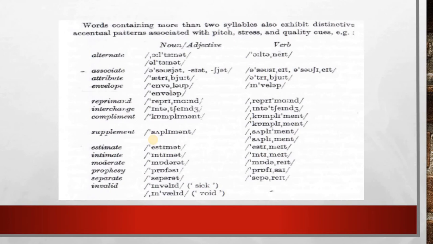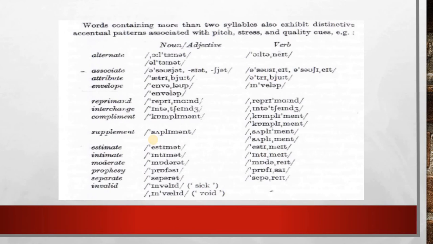Examples we have here: alternate, or alternate. You see here the difference. When it is an adjective or a noun, see how it is pronounced, it's completely different. It can of course be different according to the English language variety.